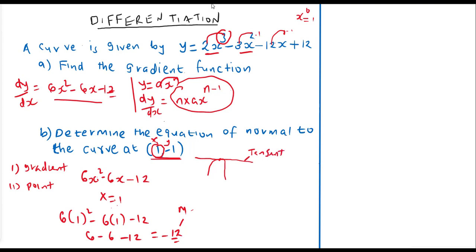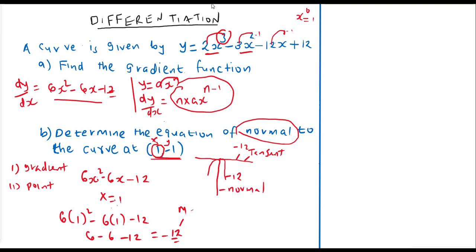So the gradient of the curve is negative 12, which is the same as the gradient of the tangent. And now this helps us to arrive at the question, what is a normal? A normal is a line that's perpendicular to the tangent. So this is called a normal.